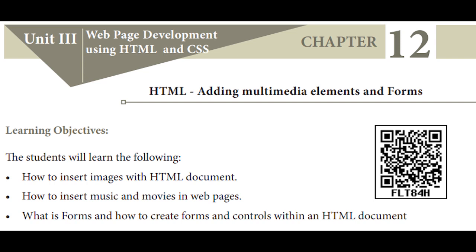That is BGSOUND SRC, background sound source. For that the code is bgsound space SRC equal to that particular music file's name with its location. It will be included inside this HTML coding, and you can hear it in the web page which you are designing.